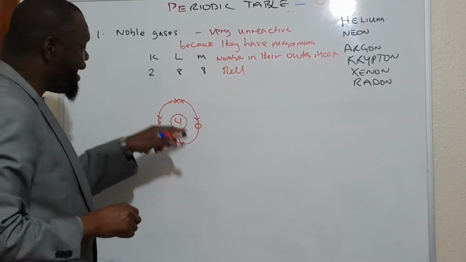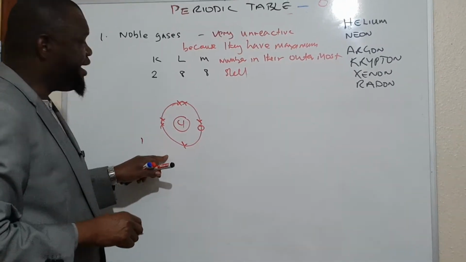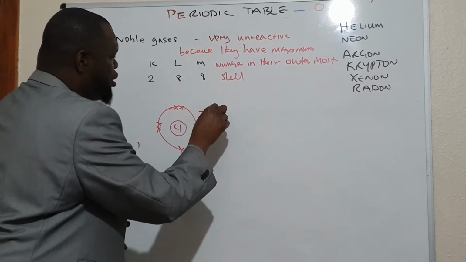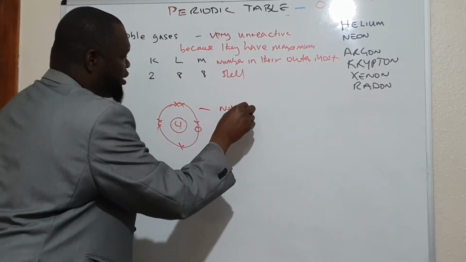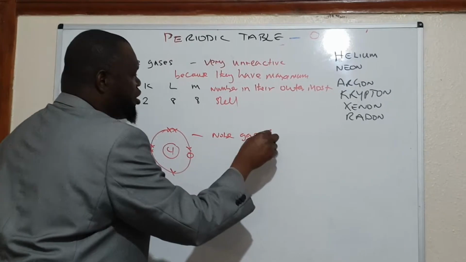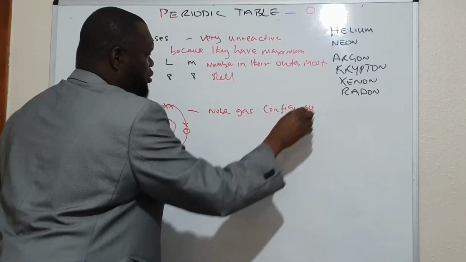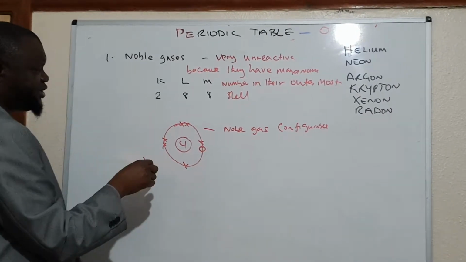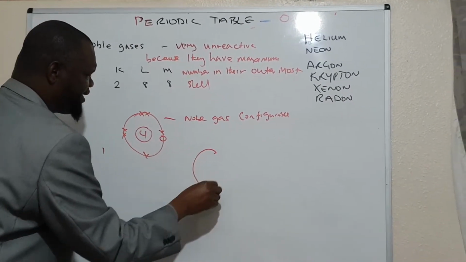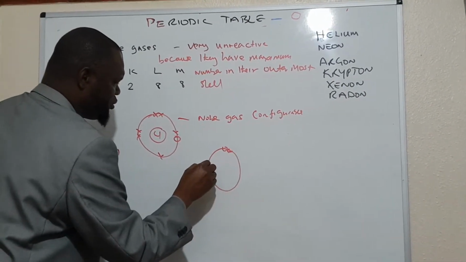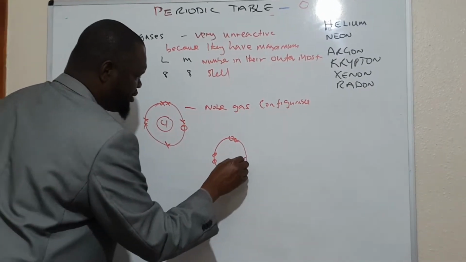When it becomes 8, it has a noble gas configuration. But the noble gases already have 8 in their outermost shell.